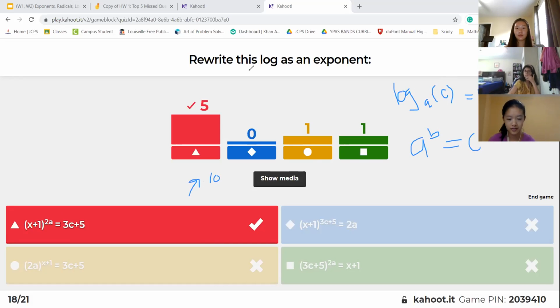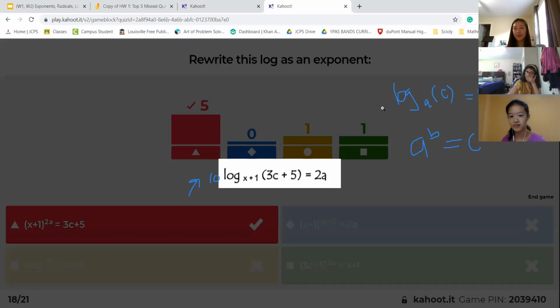But you can still see my drawings. That's cool. So my A was this, my C was this, and my B was this. So I just rearrange it into this format and I get the red as my answer.